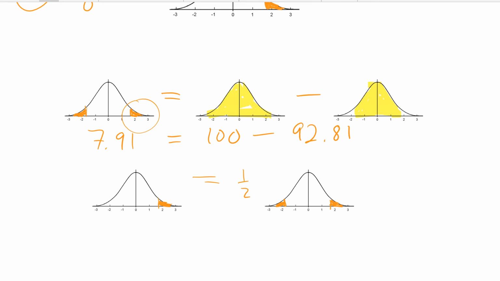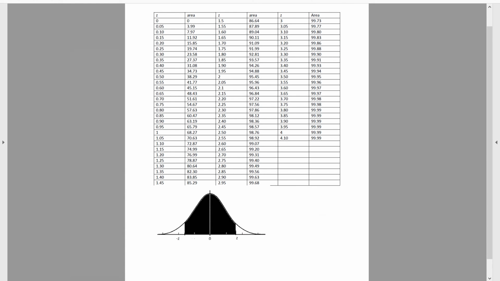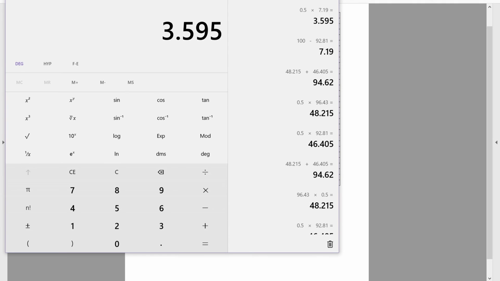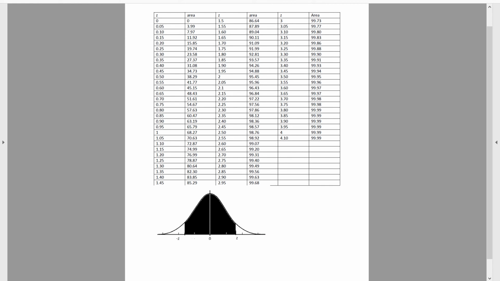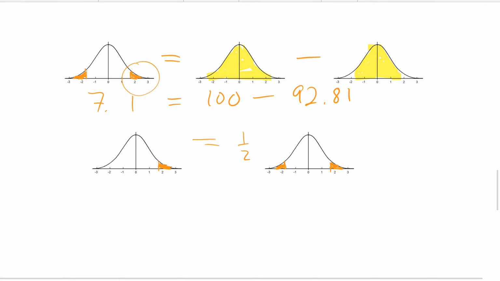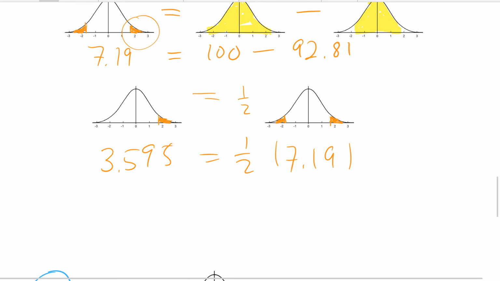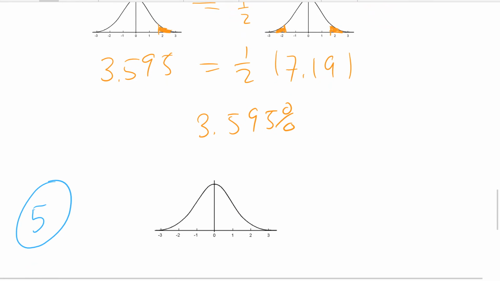And we want to find half of that. 0.5 times 7.19, I wrote it wrong, I'll fix that in a minute, is 3.595. And the area is 3.595%. I'm trying to make this video under 10 minutes, and we're cutting it really close.